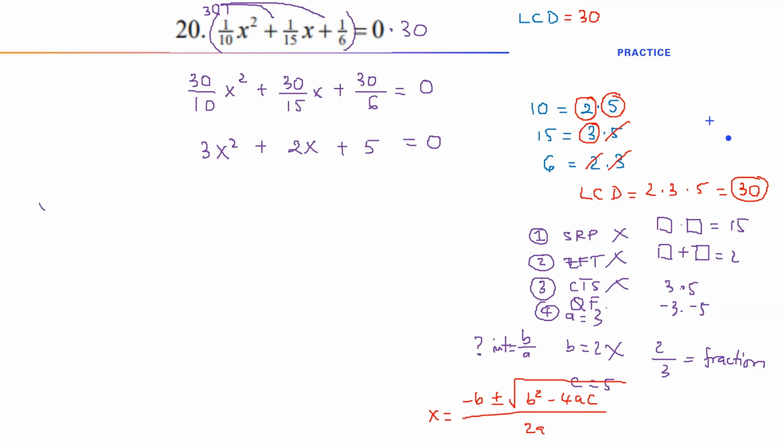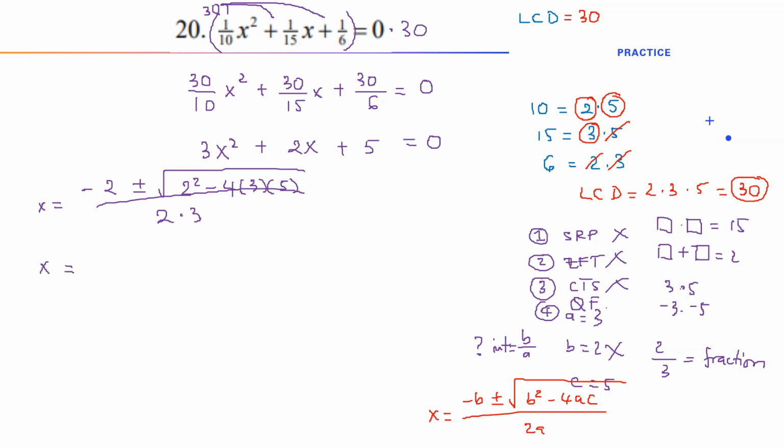We have x equals minus b is 2 plus or minus square root of b squared is 2 squared minus 4 times a is 3 times c is 5, all over 2 times 3. 2 times a is 3.